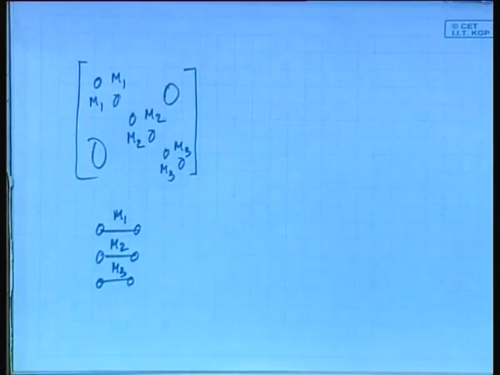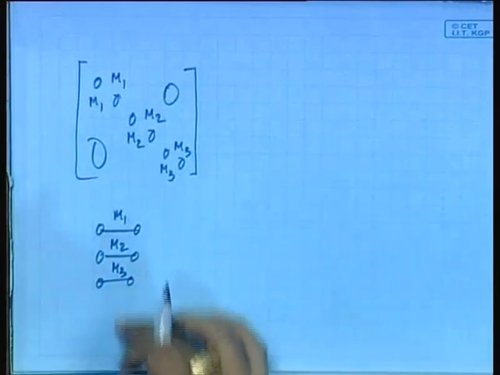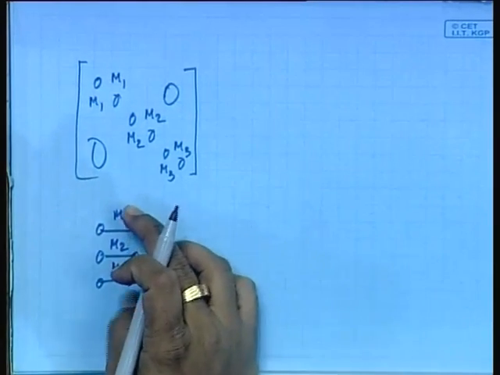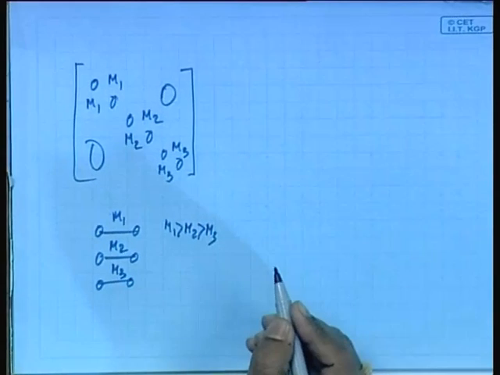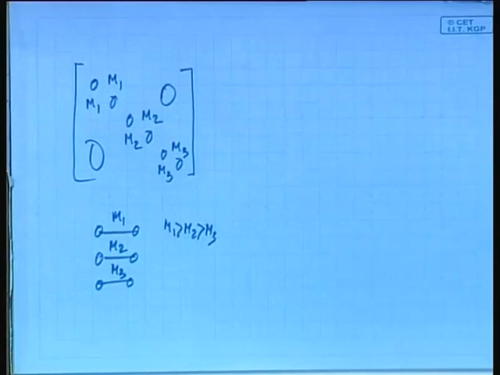Right, the graph will look like a set of edges. It's just a collection of edges with weights m1, m2 and m3. And suppose m1 is greater than m2 is greater than m3. Okay. Now I ask you, what's the first eigenvector, the largest eigenvector of this matrix, and what is the largest eigenvalue of this matrix?